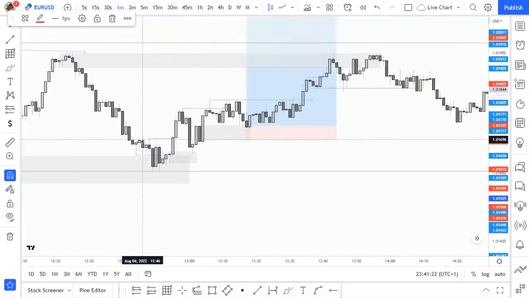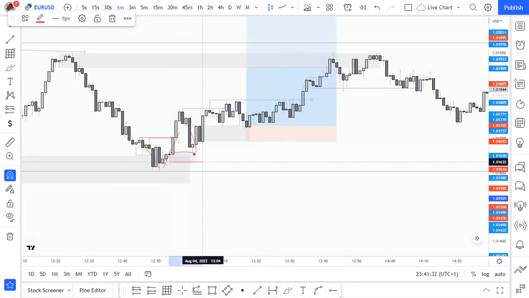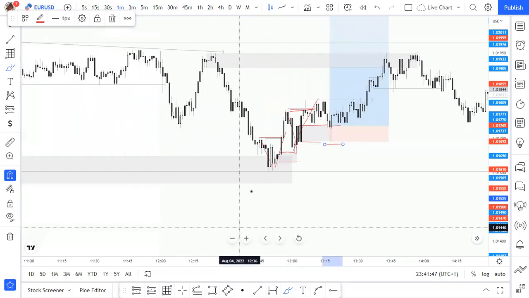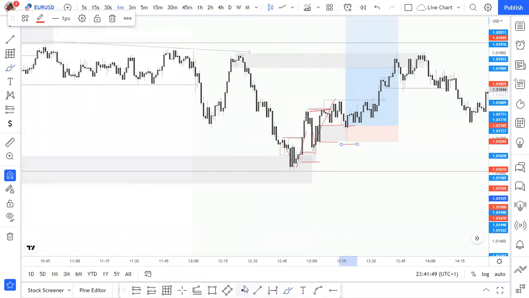When price tapped into the demand zone, we pushed up and broke this structure. Price pulled back, respected this engulfed candle here, and then pushed up to make a new higher high by breaking this high. I was looking at this engulfed candle as my entry. That was where I took the trade, and my stop loss was below the zone.